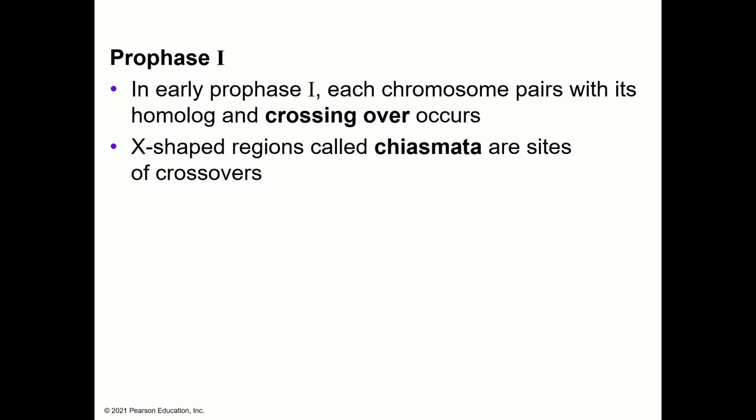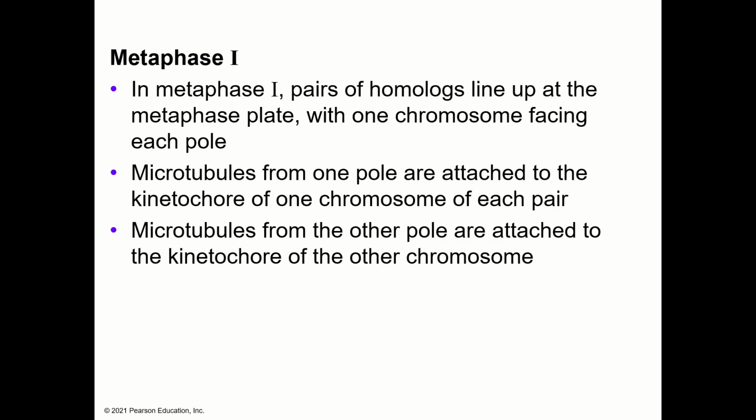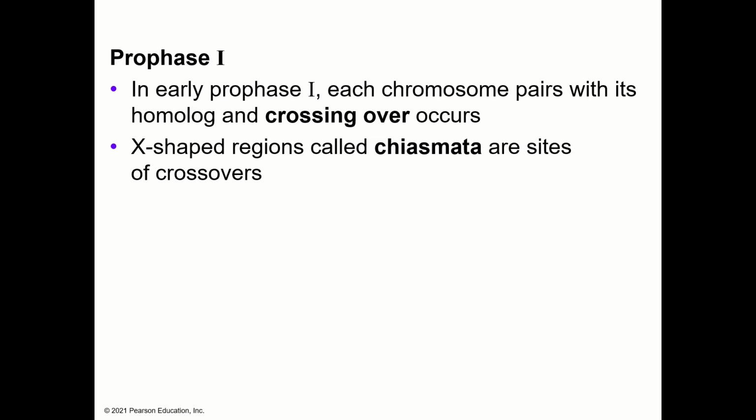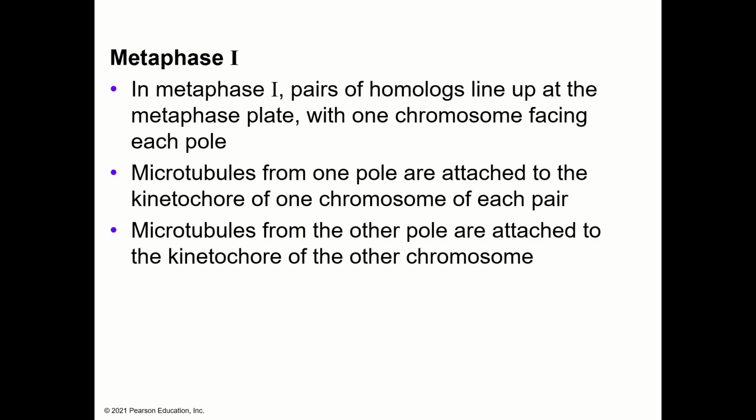For prophase I, in early prophase I, each chromosome pairs with its homologue, and crossing over can occur. X-shaped regions called chiasmata are sites of crossovers. Essentially, that means there's a possibility of genes from each switching over to the other, helping cause variability.